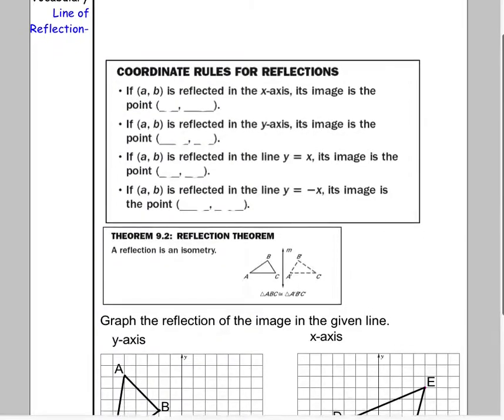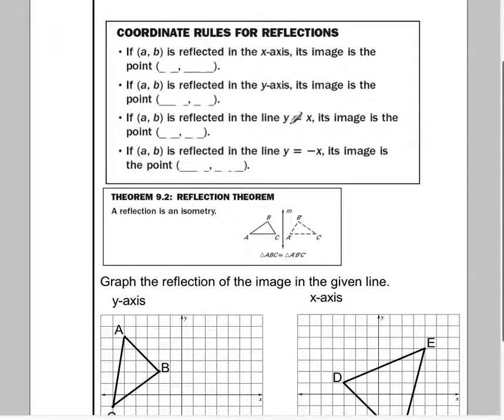And the rules for reflections, which I don't personally memorize myself. You can certainly use these rules, but when I do a reflection, mostly I'm just counting on my graph: how far is that point from the reflection line, and then I go on the opposite side of that line, the same distance away. If you're reflecting in the x-axis, it changes the y value.